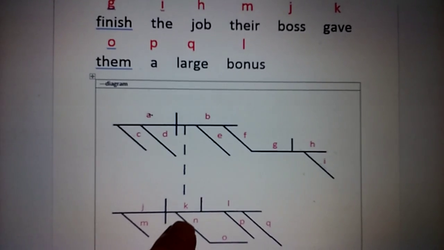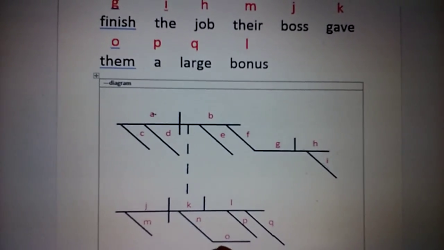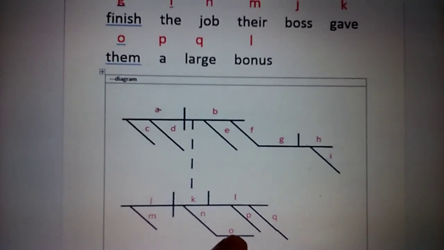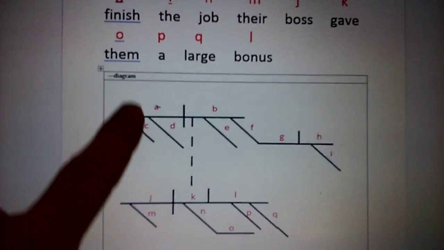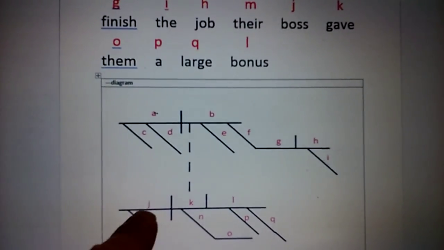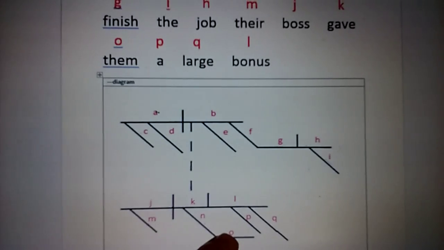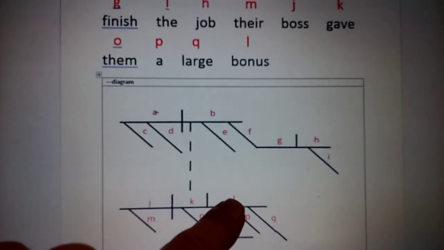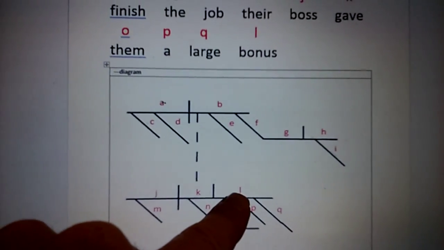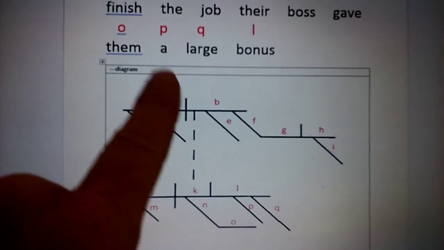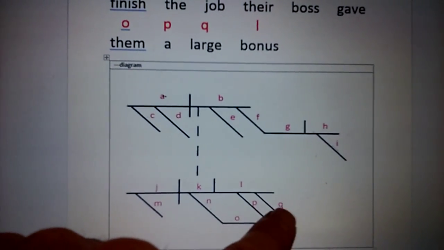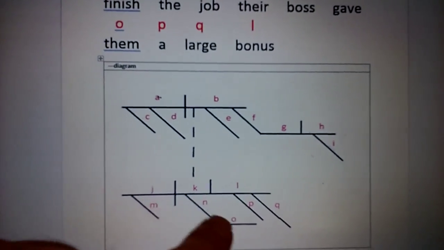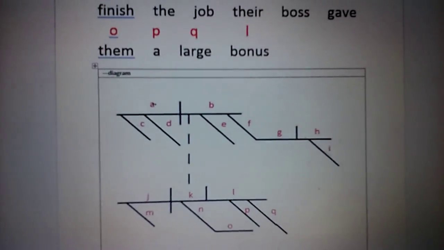So N is just simply that parentheses with an X inside it. And now here you have your indirect object, and that is them. Okay, so their boss gave them bonus. There we have bonus, and now we have our modifiers. A large bonus. Their boss gave them a large bonus.